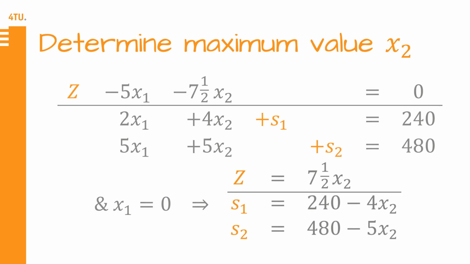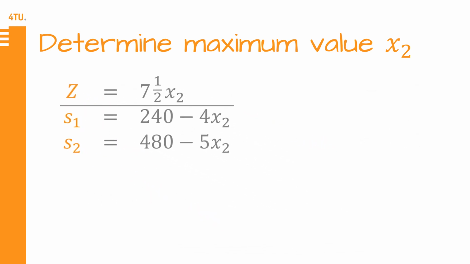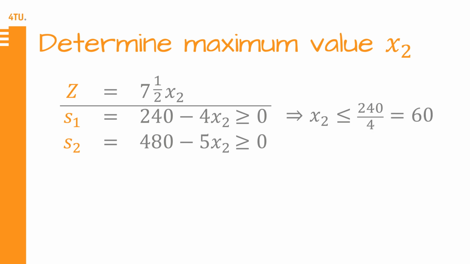For the solution to stay feasible, s1 and s2 should stay non-negative. So we need to determine the maximum value of x2 such that both s1 and s2 stay non-negative. We can rewrite these two inequalities to x2 less than or equal to 240 divided by 4, which equals 60, and x2 less than or equal to 480 divided by 5, which equals 96.